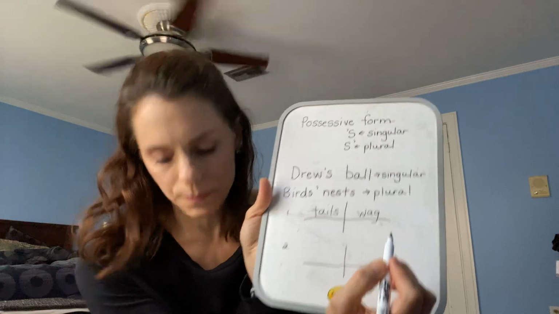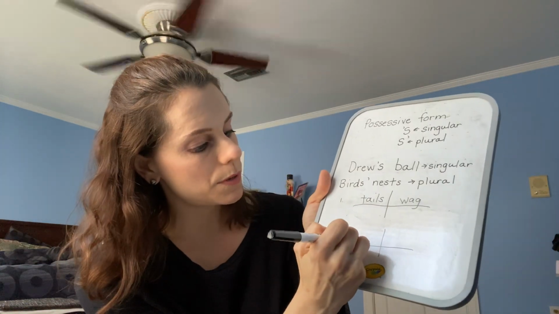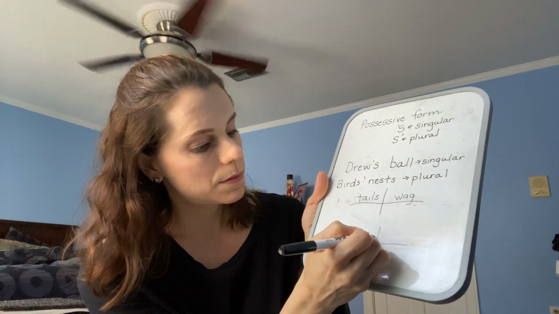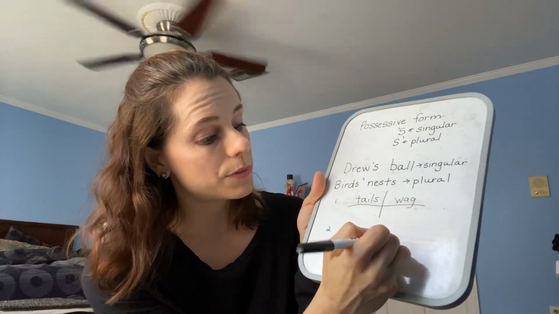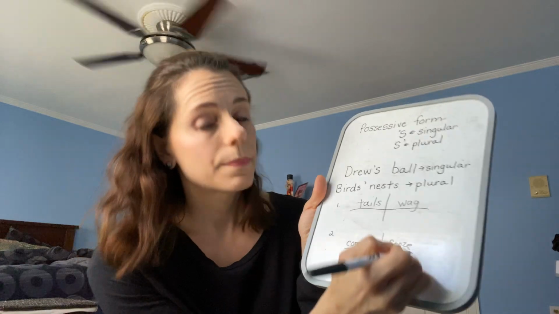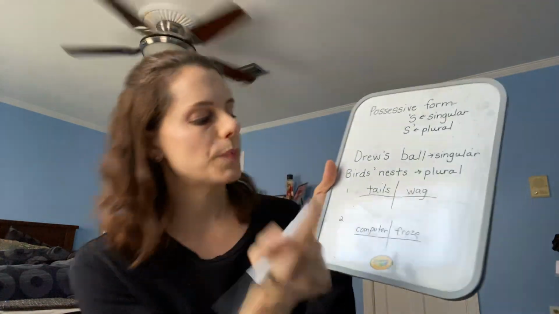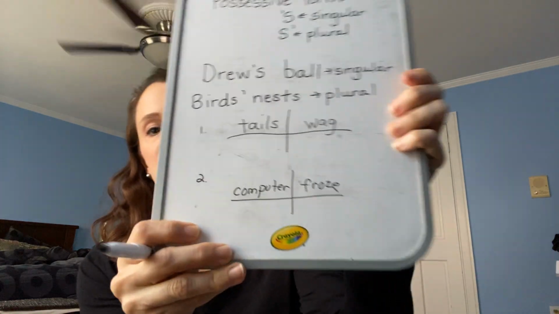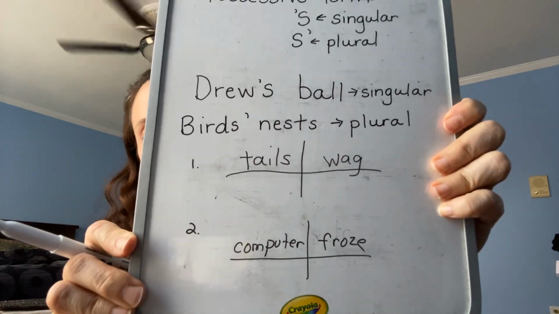That's number 1. And then number 2 is computer froze. Mine did that this morning. Look at that. Okay, so the possessive that they have is dogs. So we have tails wag.